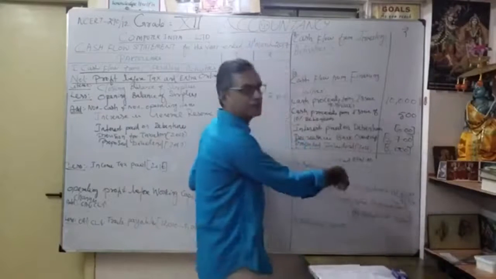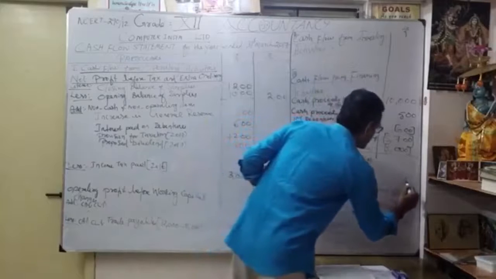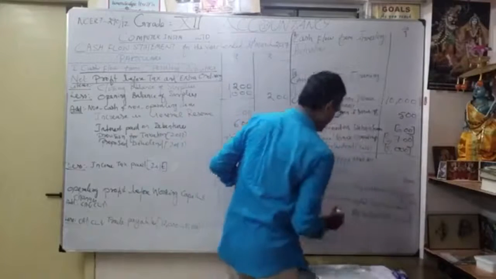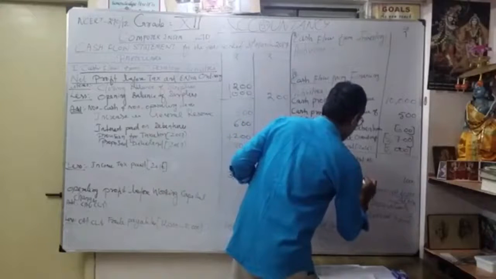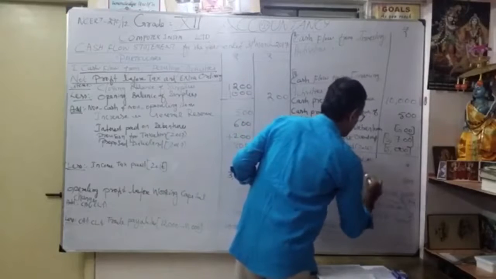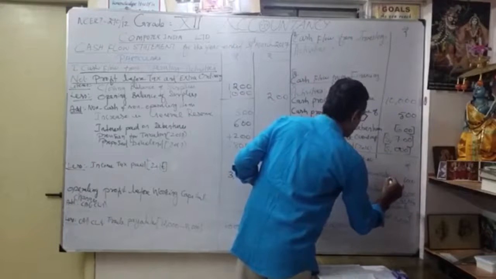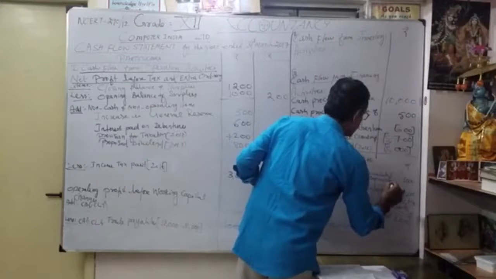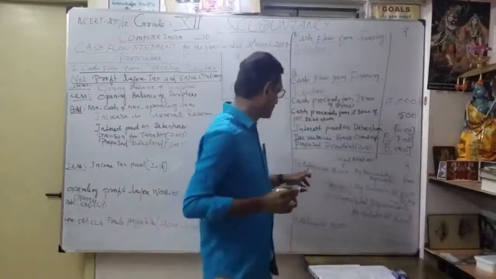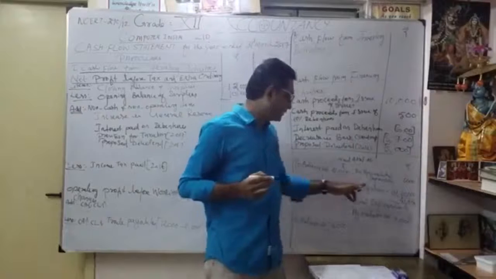So what is the difference? That is 1,000. So what is the 1,000? Nothing but accumulated depreciation. You have to write, by accumulated depreciation. That's what is kept to maintain depreciation. So understood? 41,000 this side, 41,000.